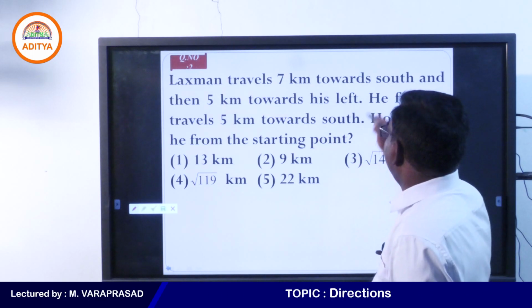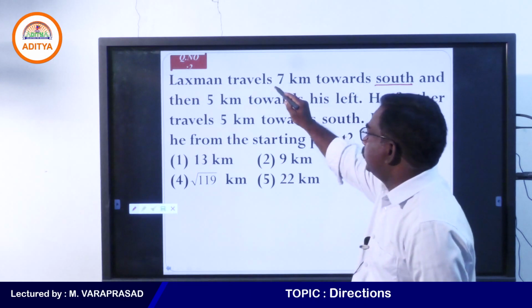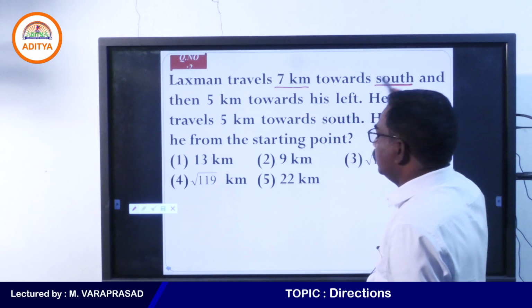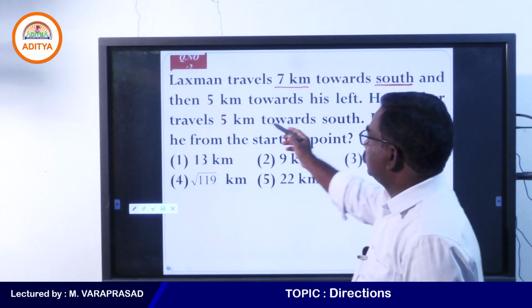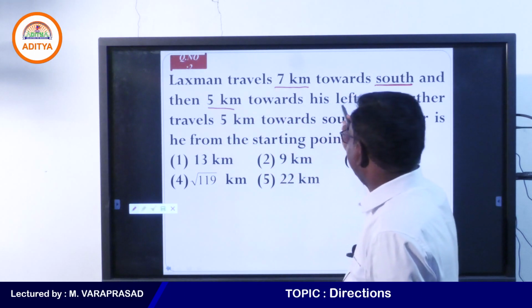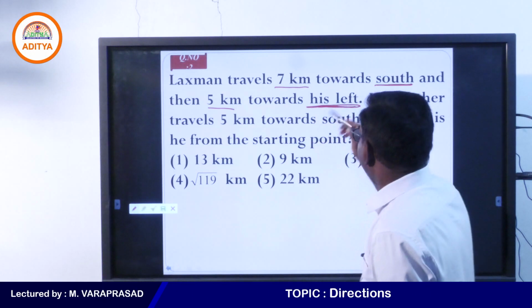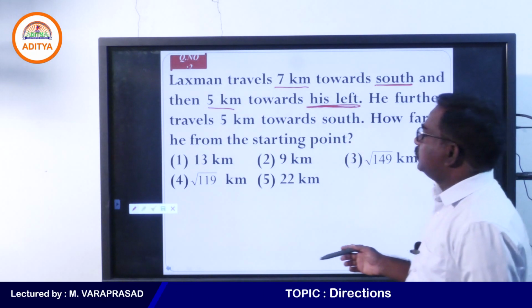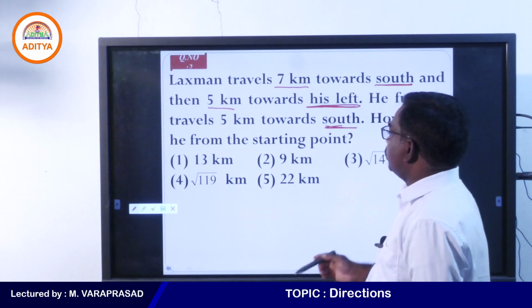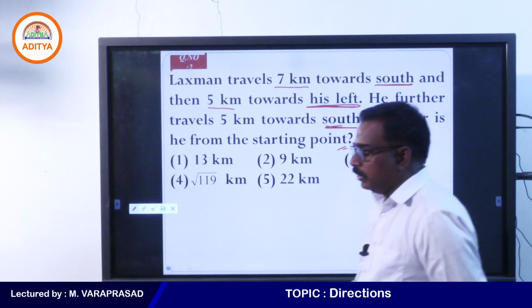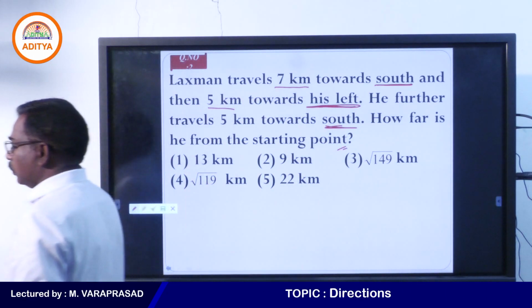First he travels 7 kilometers towards south. After that he turns and travels 5 kilometers towards his left. He further travels 5 kilometers towards south. How far is he from the starting point now?